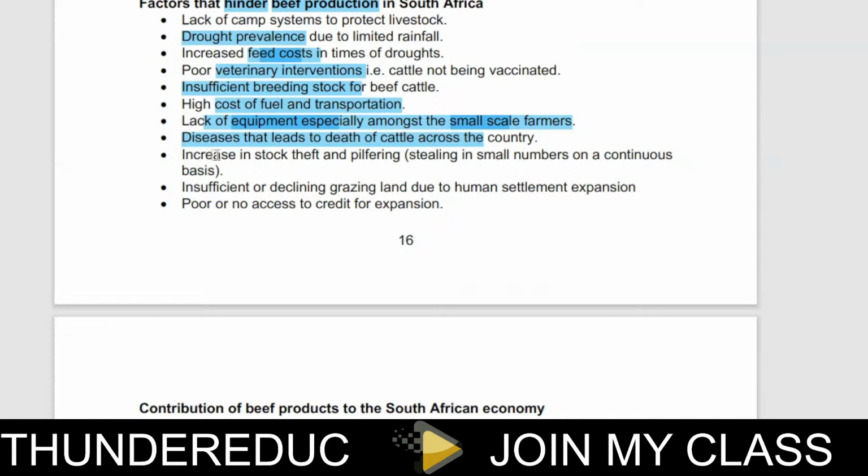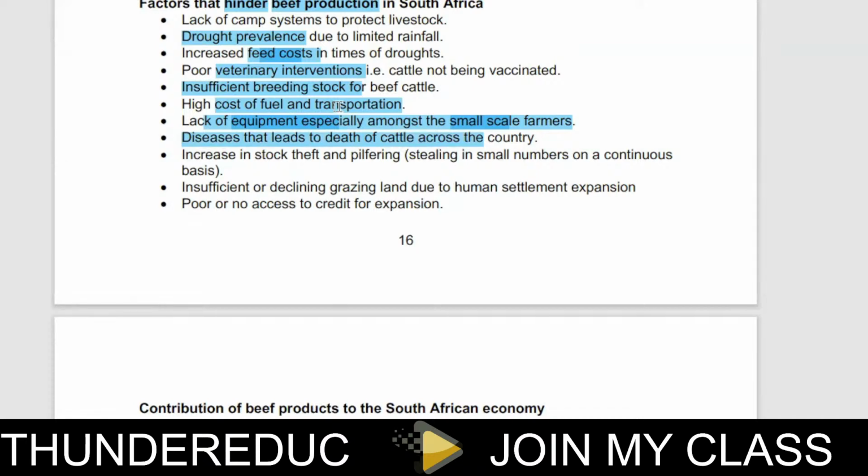Another factor is the increase in stock theft and pilfering, that is stealing in small numbers on a continuous basis. You know very well that on those big farms where they have animals, if they are not well protected, people just come and steal them. Imagine you have kept the cattle for about a year, or two, or three.